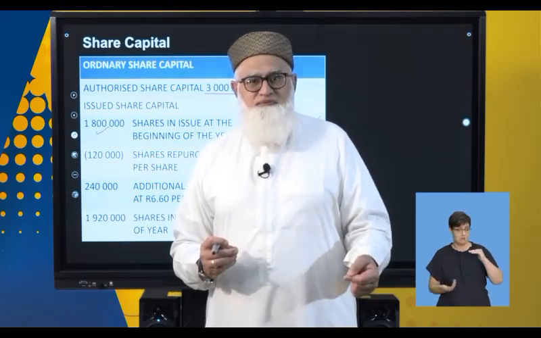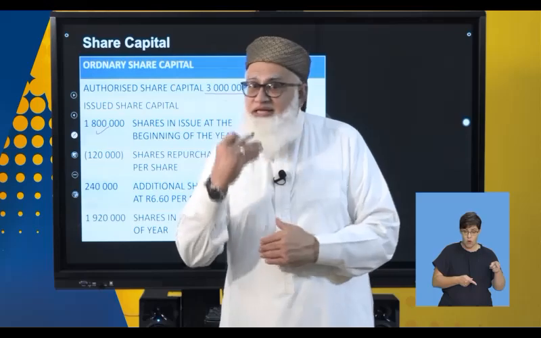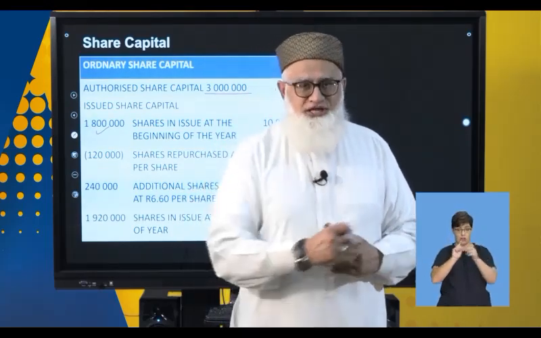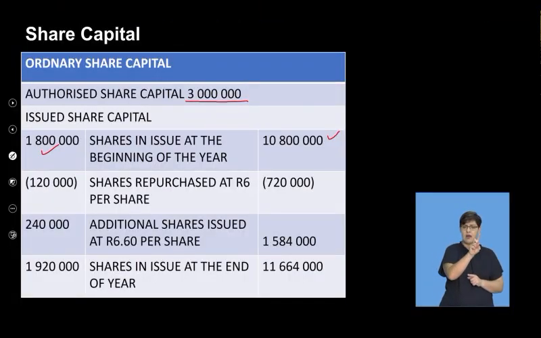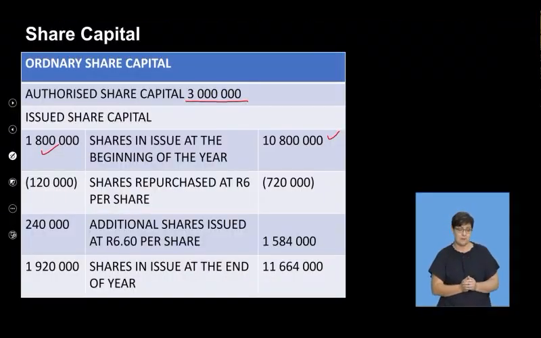In other words, the moment you sell more shares, immediately upon selling the new shares, your average price will change. So you can clearly see that at the beginning you had 1,800,000 shares. No further shares were issued at that time, so the repurchase will be at the average price. Please remember that.